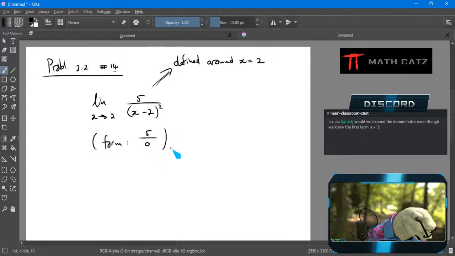Question in the chat: would we expand the denominator even though we know the first term is x squared? No. I only have the specific technique of looking at the leading terms when it is an infinite limit.